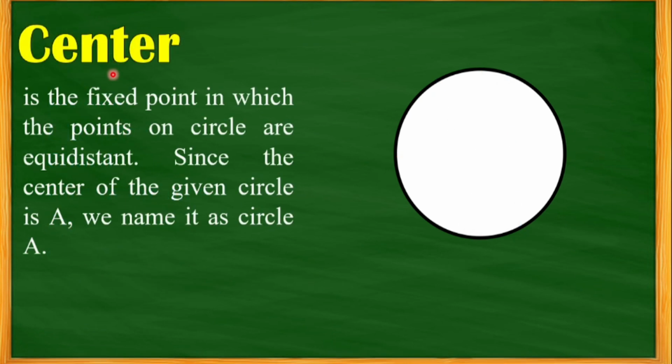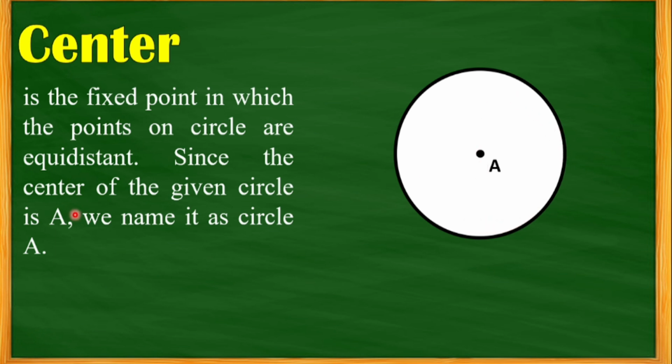So we have a center. A center is a fixed point from which the points on the circle are equidistant. Again, this would be the center, which is a fixed point on a circle with equidistance.